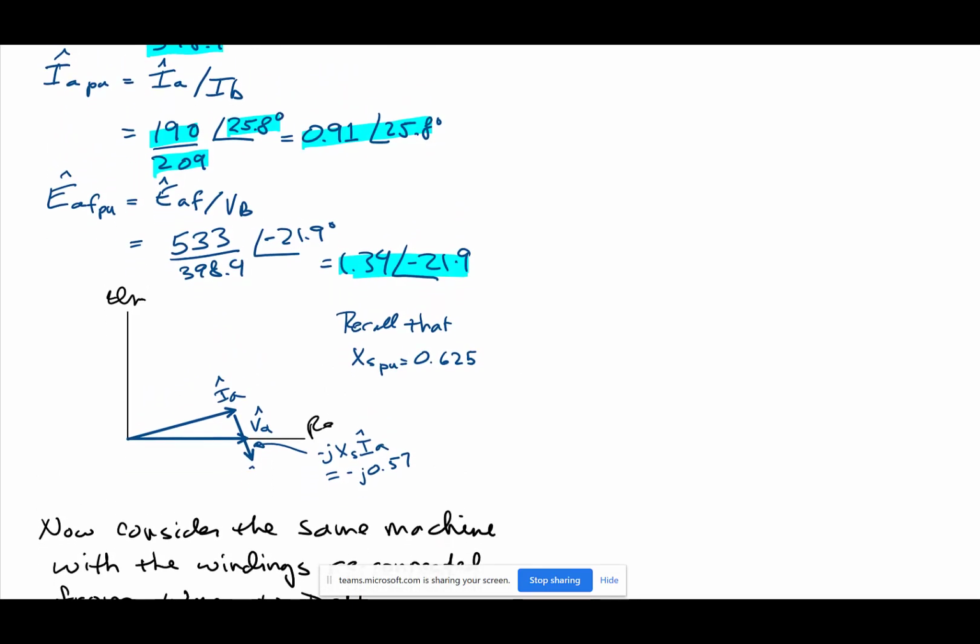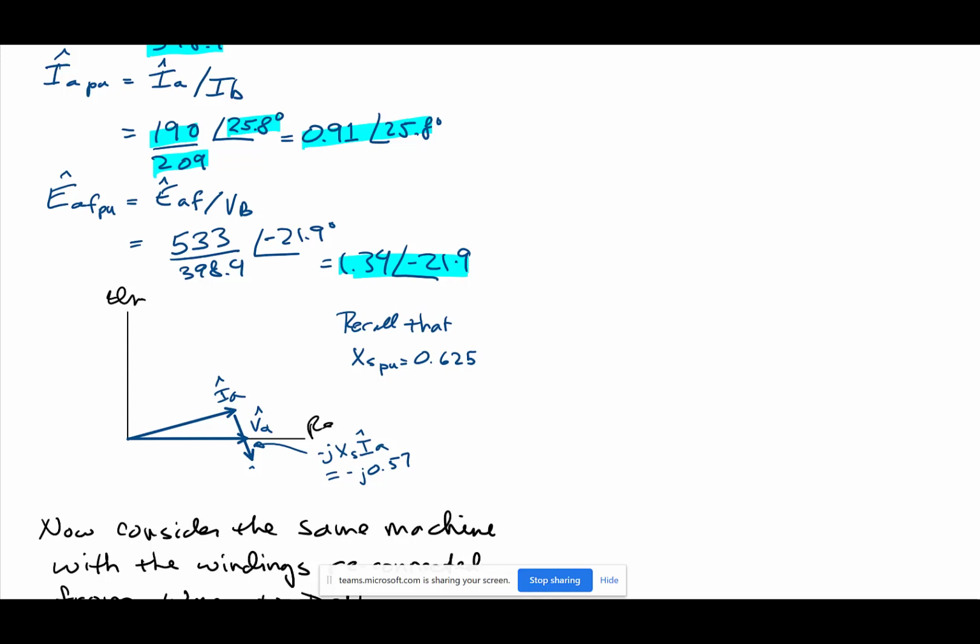So the fact that we're in per unit is nice, because for some machines, if this was like a 10 megawatt machine, you might have 2400 volts line to neutral and 50 amps.